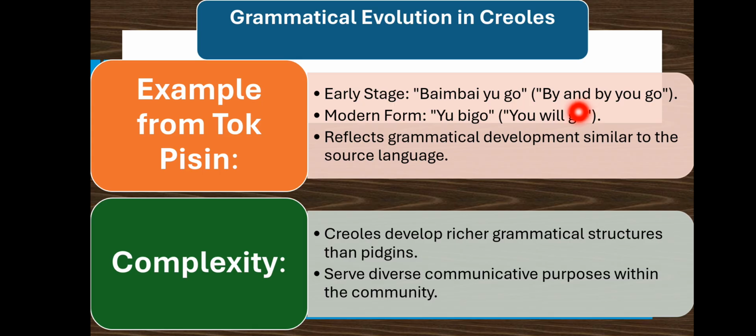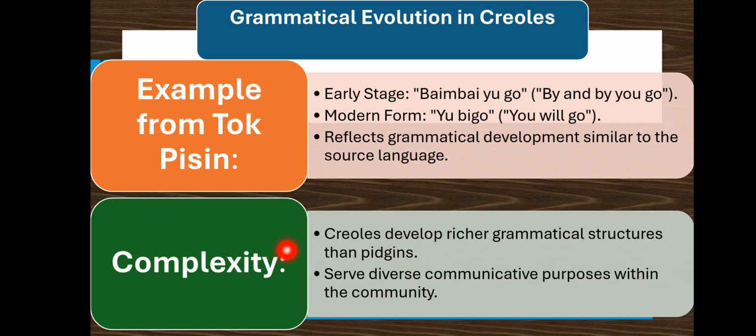Now the modern form is "yu bigo", and it means that you will go. So it reflects grammatical development similar to the source language. You can see "yu bigo" and "you will go". The grammatical structure is similar to what we learn as the lexifier language, or source language.